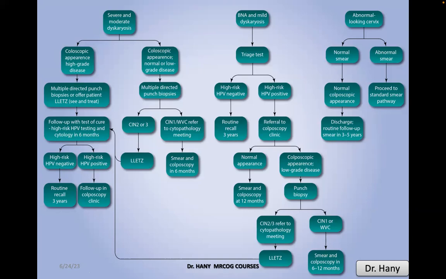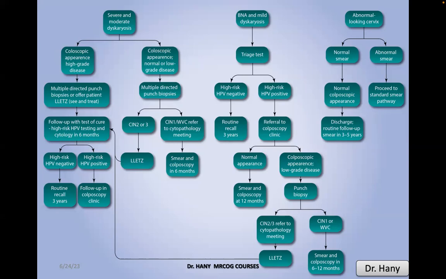Human papillomavirus, cytology. If the cytology comes borderline or high grade, colposcopy, according to what you will see at colposcopy. CIN1, biopsy. CIN2 or 3, treat, LEEP. After treatment, human papillomavirus positive, colposcopy again.